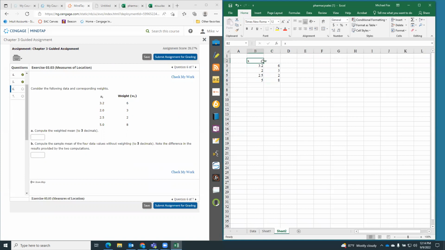So in order to find a weighted average, we have to multiply the value of X times the weight. So I'm going to create a new column called X times W. And here I'm just going to calculate X times W.